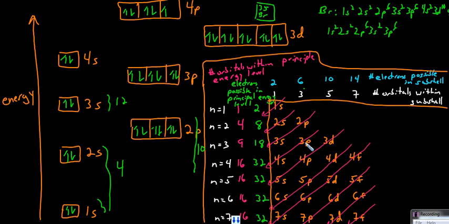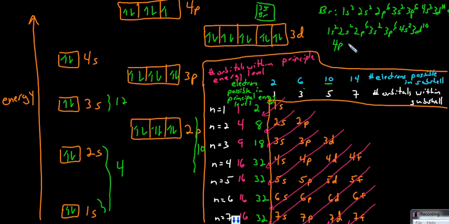So keep on filling. So fill the 4s, so 4s2. Then fill the 3d. How many electrons go into the 3d? We can put up to 10 electrons in 3d, so 3d10. And then, let's see, 4p.